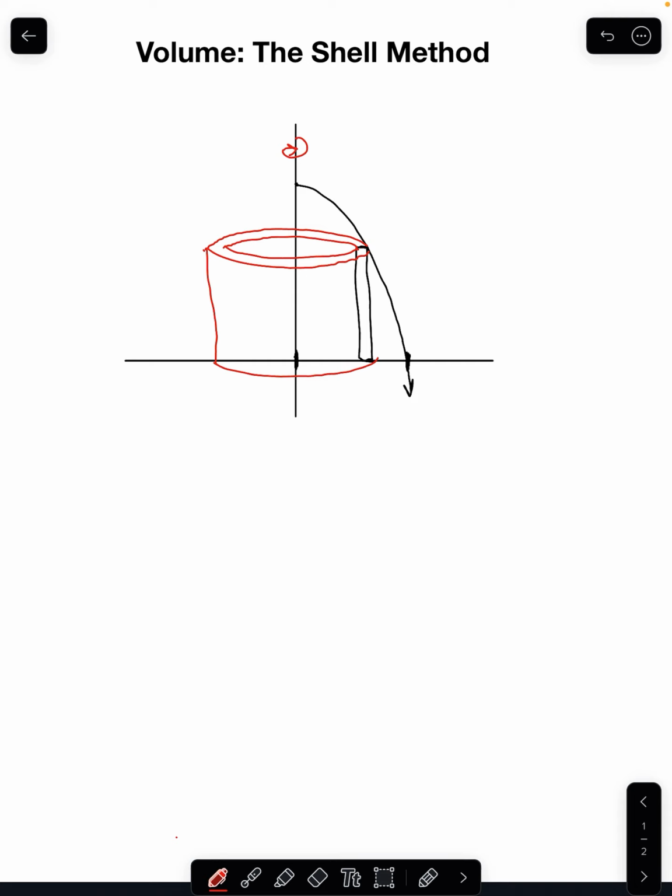Instead of a solid disc that is wide but flat, this is somewhat more like a washer where it has a cylindrical shape and then a portion removed from the middle of it. But in this case, it is not very flat. It's actually very tall.